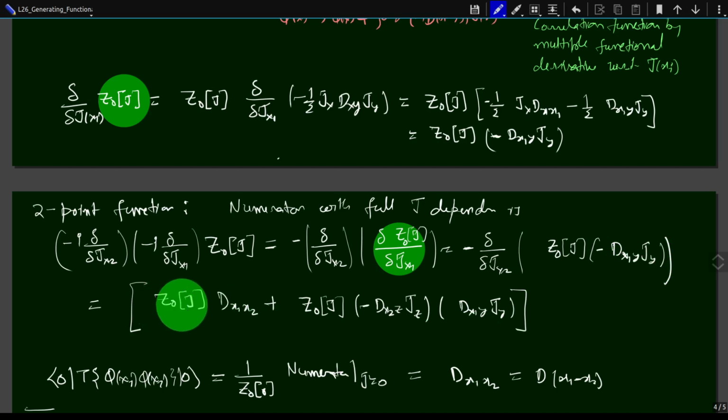It will be Z0[J] D(x1, x2). That propagator came out. But when I act this derivative on Z0[J], it will bring down again this kind of factor: Z0[J] times minus D(x2, z) J(z). So here z is integrated out, and here y is integrated out, so there are two 4-dimensional integrals.